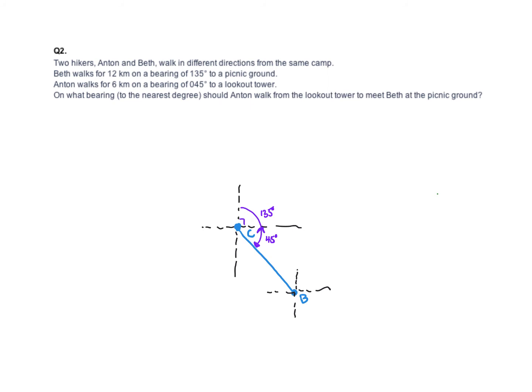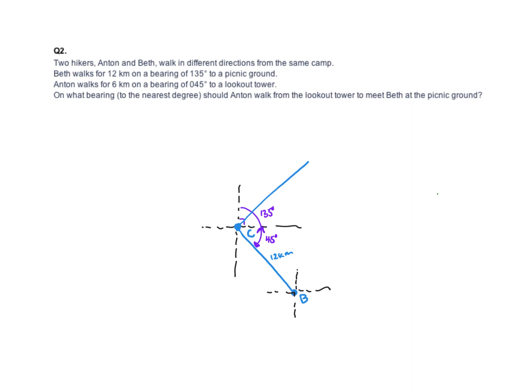So you can work out little bits and pieces, and obviously they did tell us that it was 12, so we'll pop that in there. Now Anton walks from camp on a bearing of 45. So Anton's gone out 45, which is this way, and he only went for 6 kilometers.